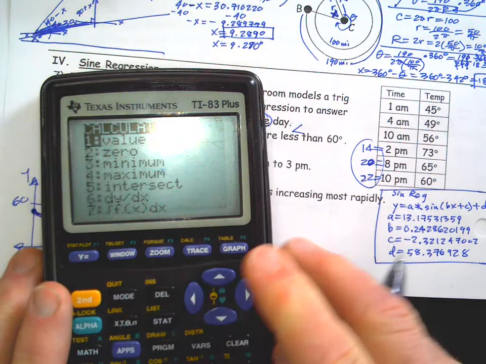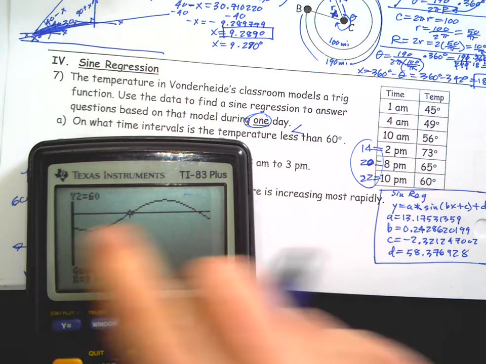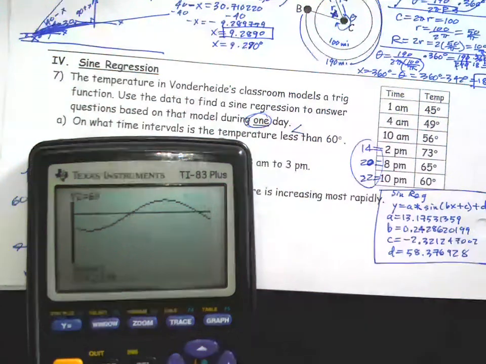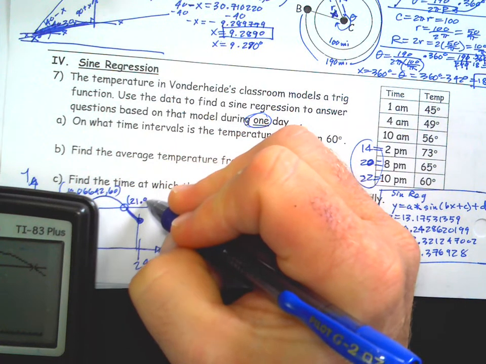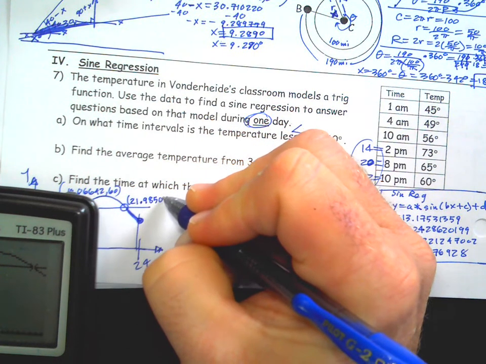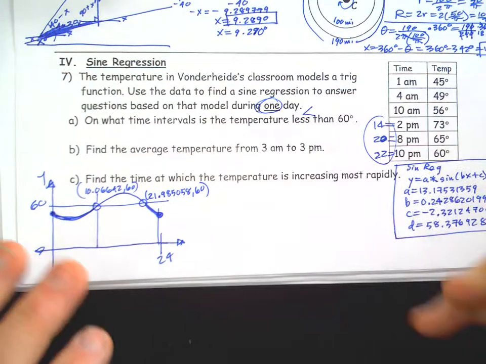Second, calculate, number 5, first curve, second curve. This is around 22 hours, maybe. It's a quick way to do it instead of pushing over there. Pretty good guess. 21.98558, comma 60. Okay, so write our answer now.